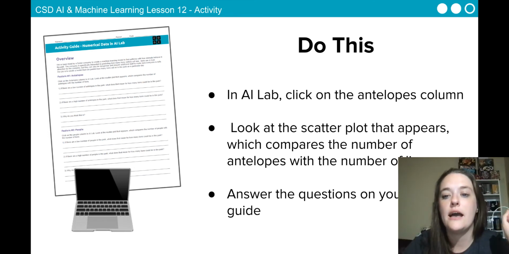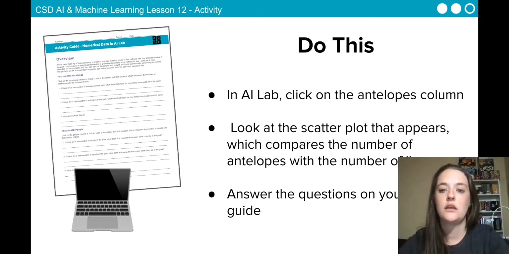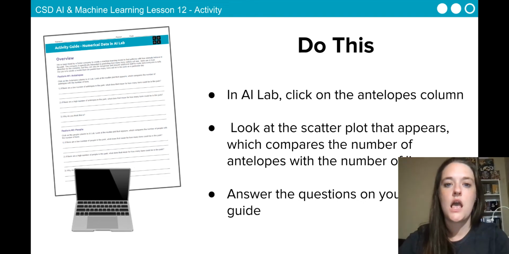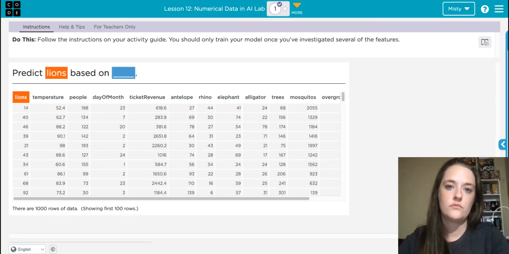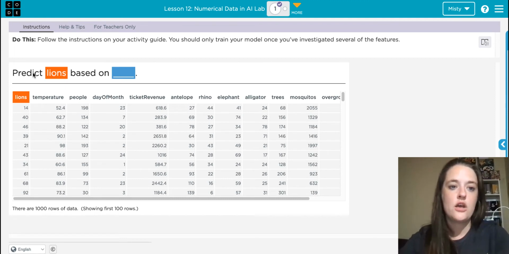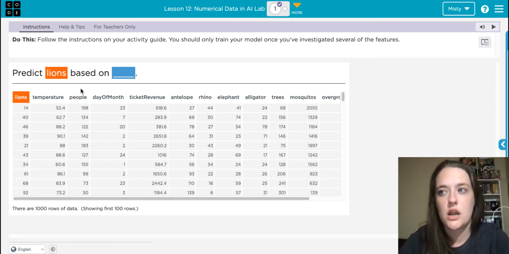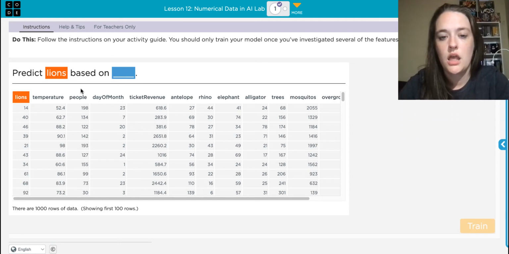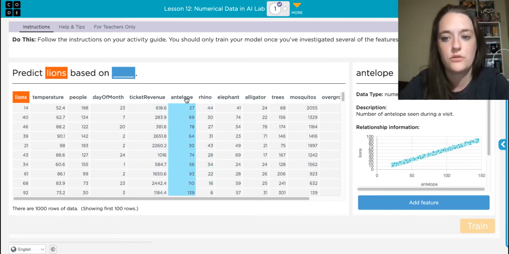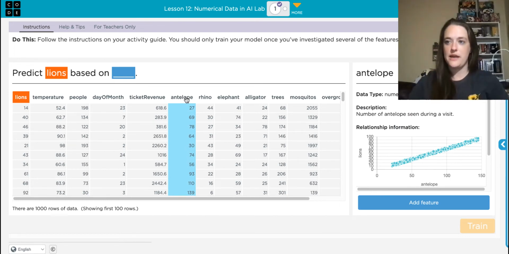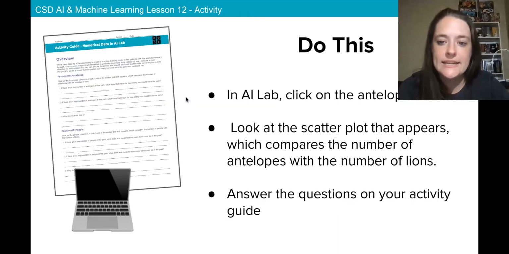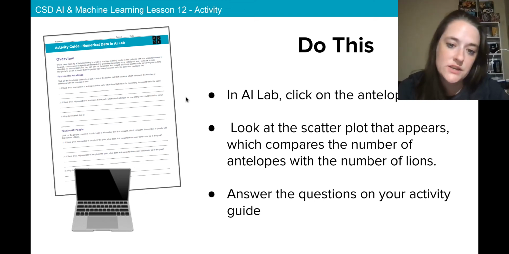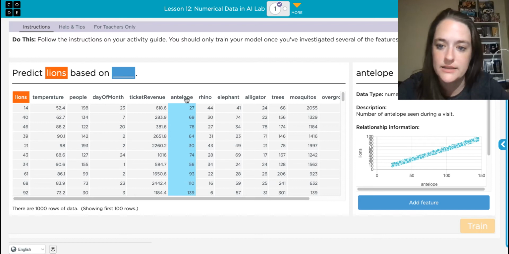In AI Lab, click on the antelopes column. Okay, now look at the scatter plot that appears, which compares the number of antelopes with the number of lions.